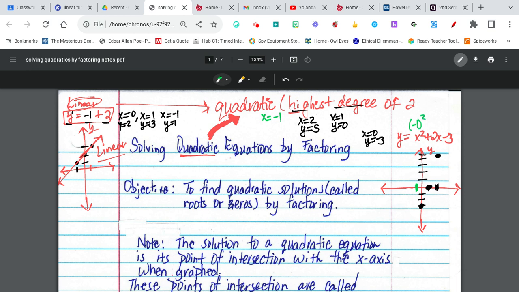A negative 1 times negative 1 is simply 1. Plus 2 times negative 1, which is negative 2. And then minus 3. Well, that's just going to end up being negative 1 minus 3, which is negative 4. Negative 1, negative 4. So now we're going to go down.